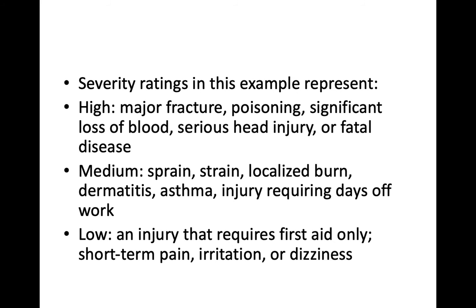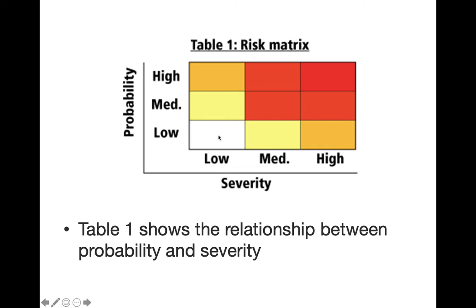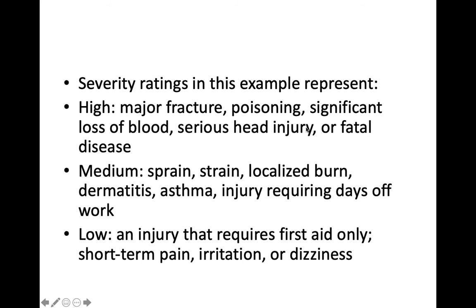You can see in this diagram, the severity ratings in the example represent high, so high probability, high severity: major fracture, poisoning, significant loss of blood, serious head injury, fatal disease. Mediums would be strains, localized burns, dermatitis, asthma, injury requiring days off of work. And then low would be an injury that requires first aid only, short term pain, irritation, or dizziness.